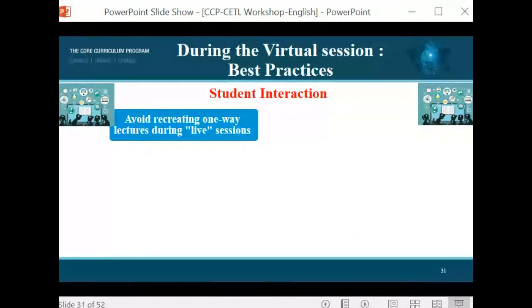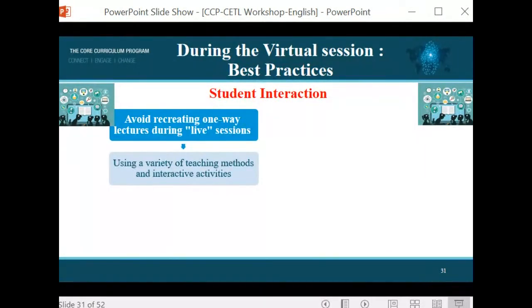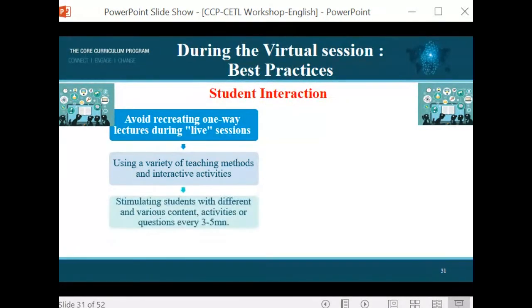This could be by using a variety of teaching methods and interactive activities, as we mentioned before.